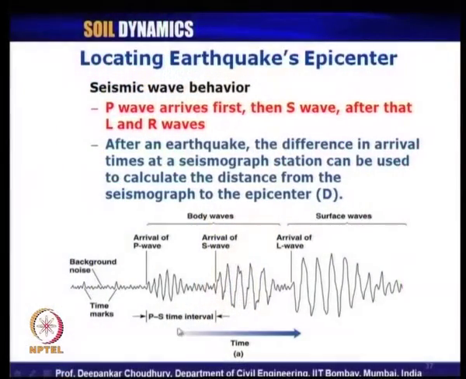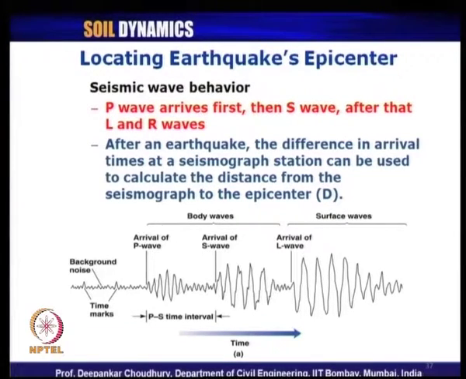So, we can get their arrival times from the stations or this seismograph, and of course the Love wave and Rayleigh wave keep on coming and getting recorded. We are concentrating on this aspect, that is the time difference between the P wave and S wave. How can we make use of this?